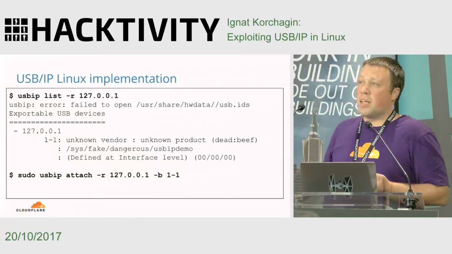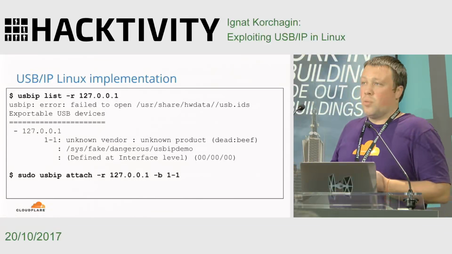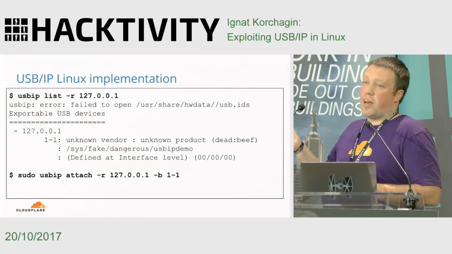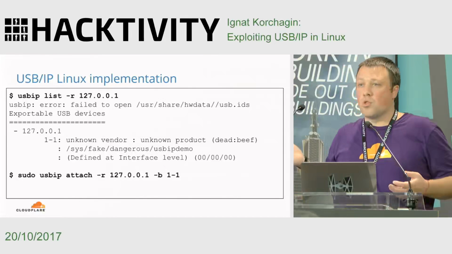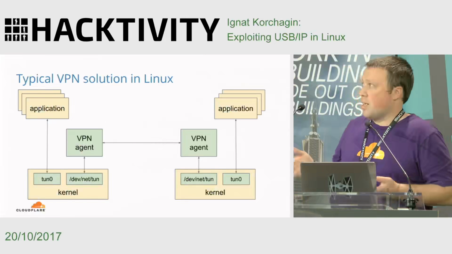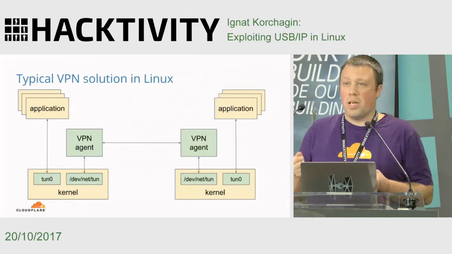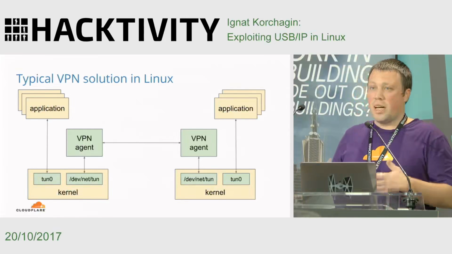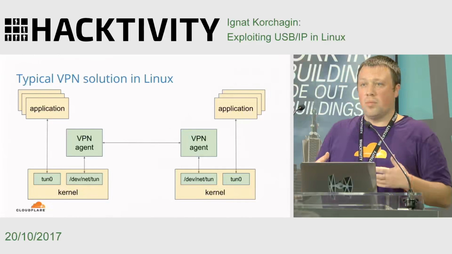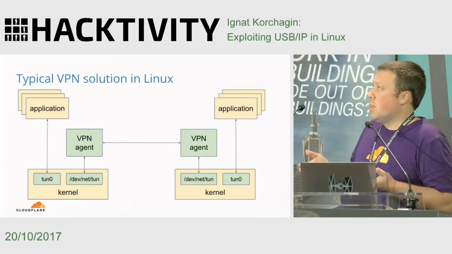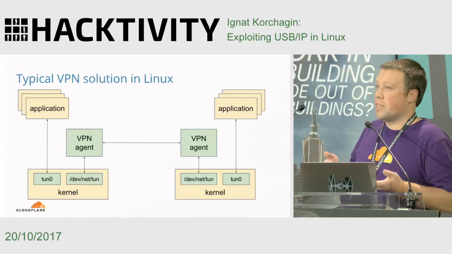So if you compare what I would expect from a framework like this, I would expect it to be implemented similar to a VPN solution. This is how a typical VPN works. Basically, it takes the underlying network packets, encapsulates them in other packets and forwards them through the connection.